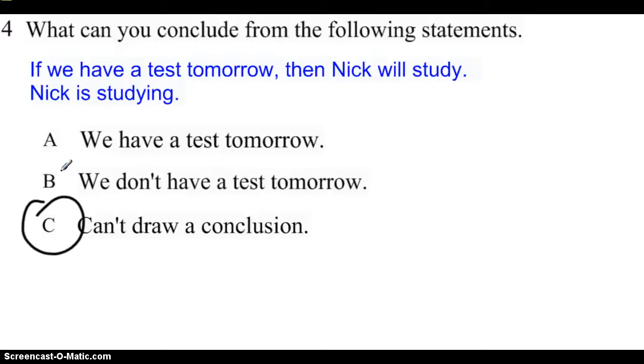Well, now I'm basically repeating the conclusion again. Nick is studying. So that does not mean that we have a test tomorrow. He could be studying for his driver's test and not for our math test. So you've got to make sure that if you're concluding, you're knowing that it's the hypothesis being repeated and that you're finding the conclusion.